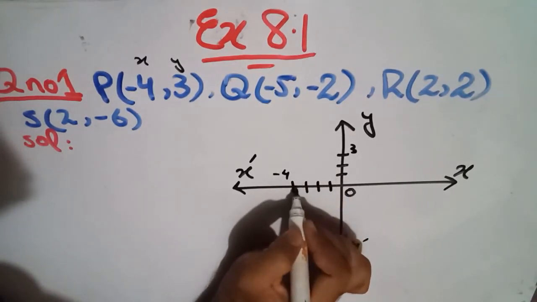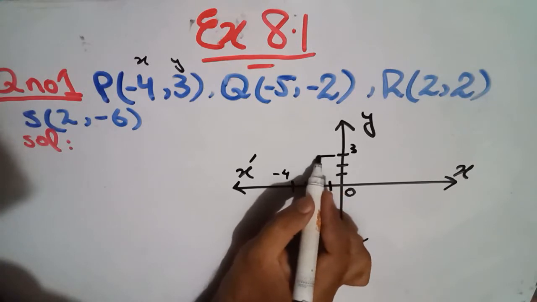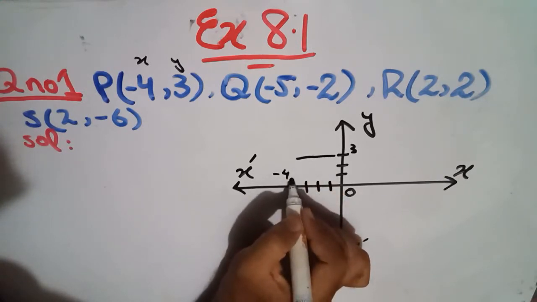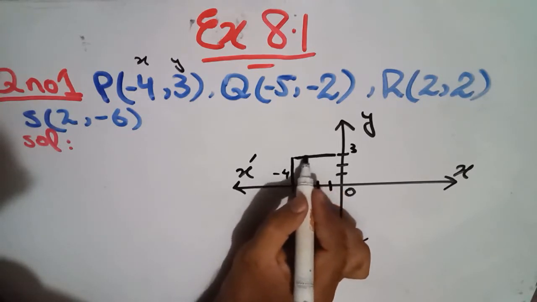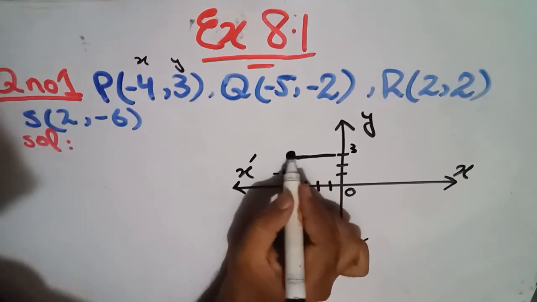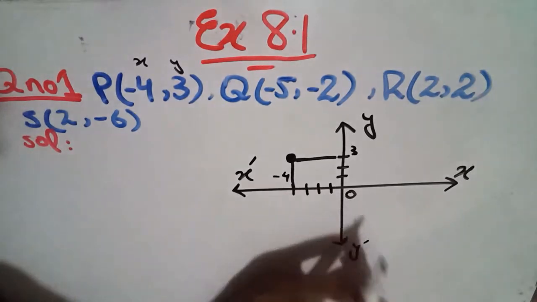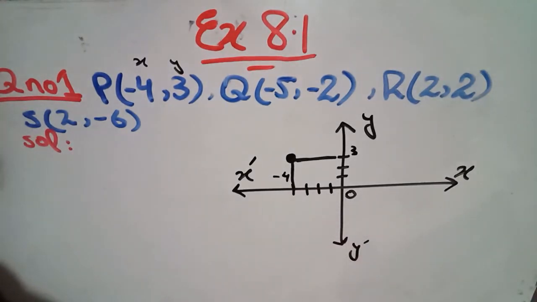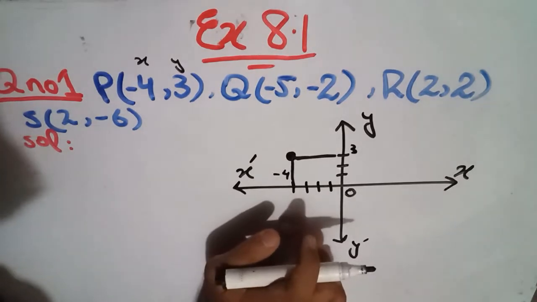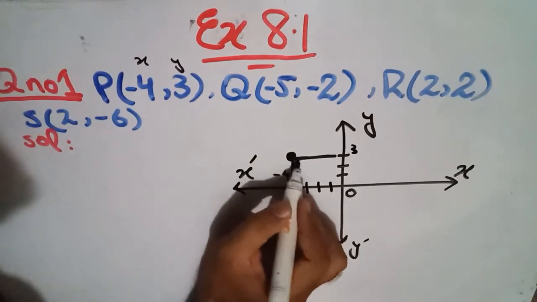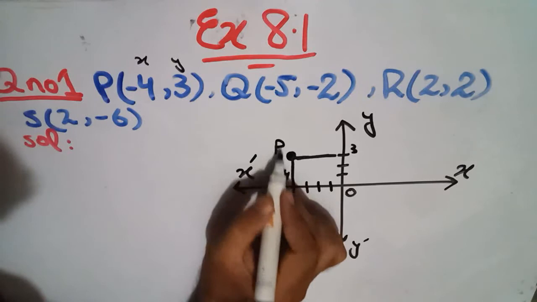You can represent it by just mentioning, here we have the point, there we have a point, where there will be meet. Okay, you can represent it like that. And q is -5 -2. So the name of this point is P.